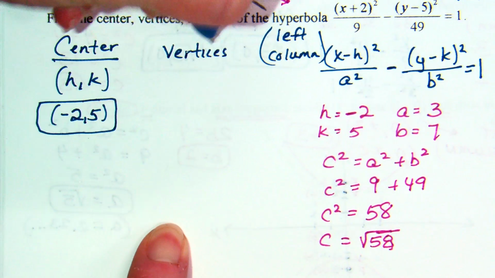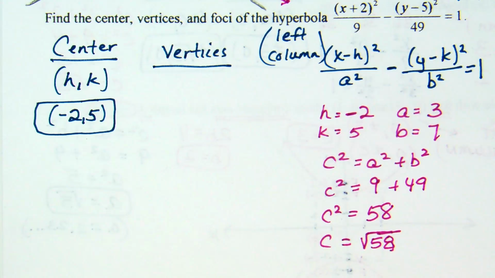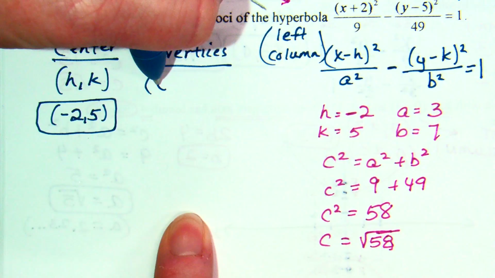Vertices. What do I use to find my vertices? H plus or minus A, comma K. This is a left column because X came first, so we're adding and subtracting to the x value.